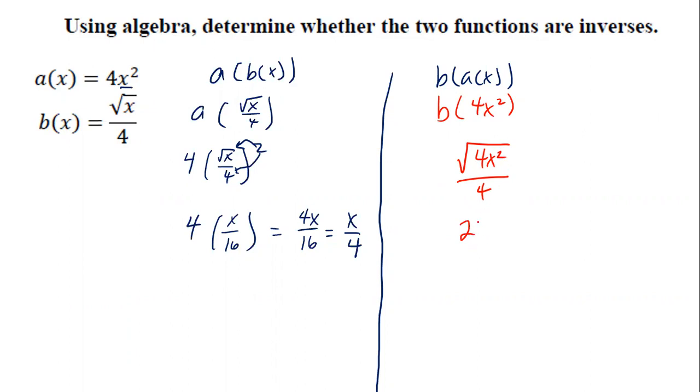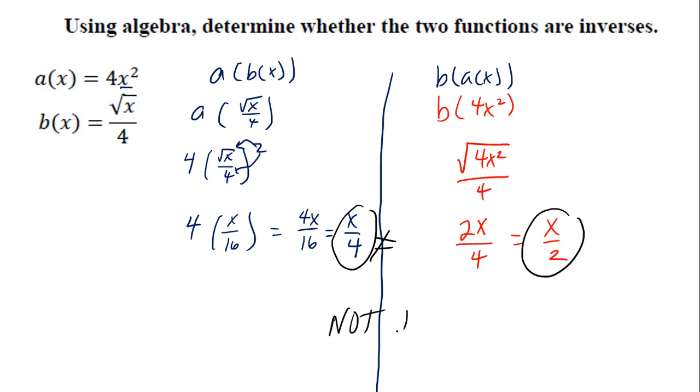Square root of x squared gives us x over 4. And 2x over 4 equals x over 2. Okay, notice how these two are not equal. So since this and this are not the same, then they are not inverses.